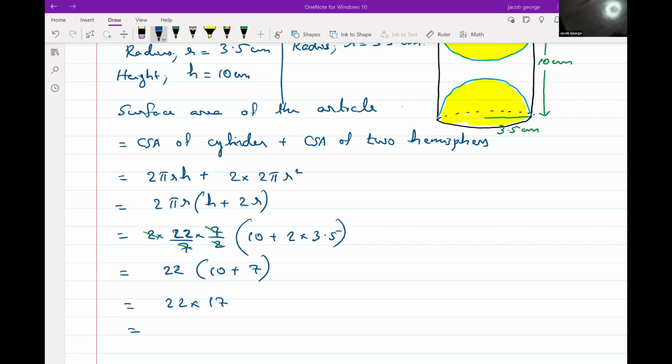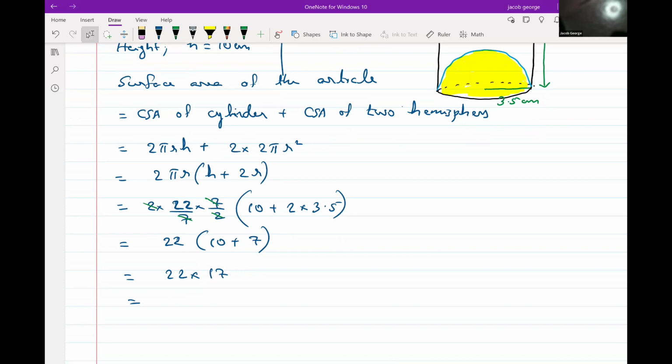Ruben Matthew, correct answer. Glanston, correct answer. What about Nathan? Suryansh got correct answer. Shivesh also got. So majority of you got 374 centimeter square as the answer. So hope you all understood these sums.